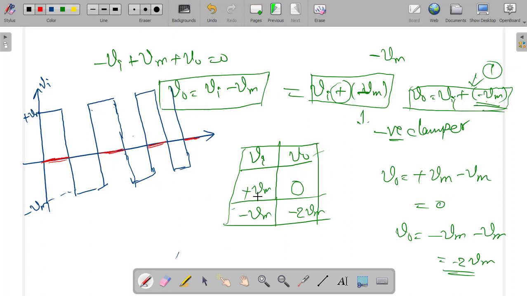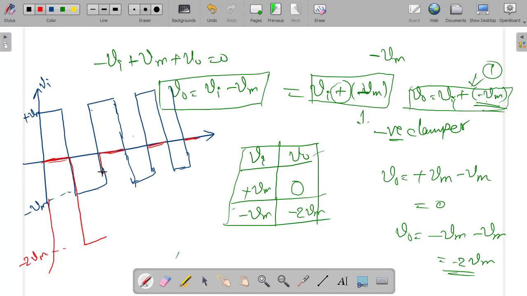If you are getting minus Vm here, you will get minus 2Vm somewhere around here. Your V0 will come like this.